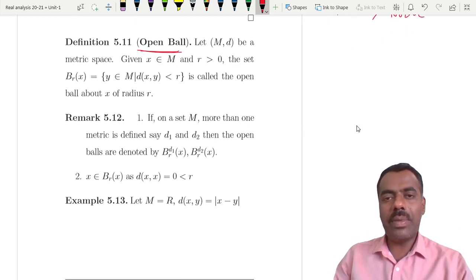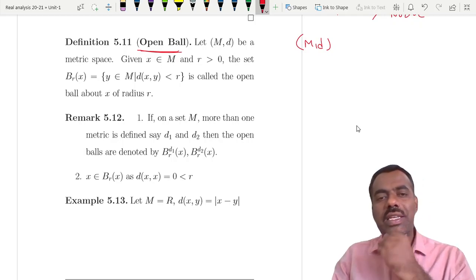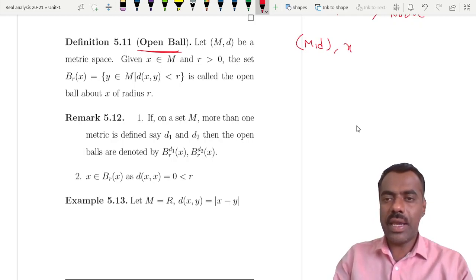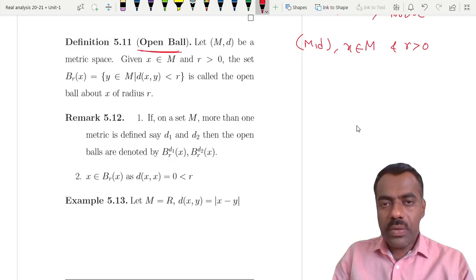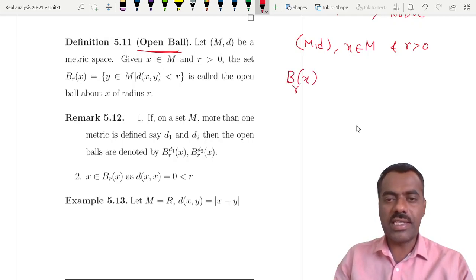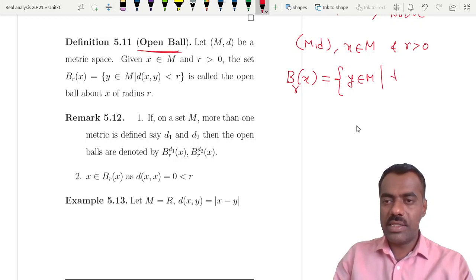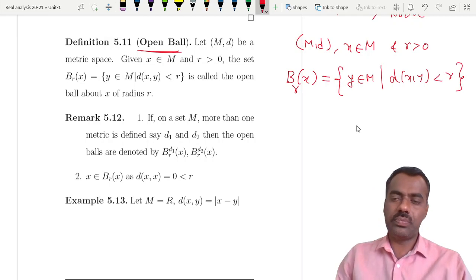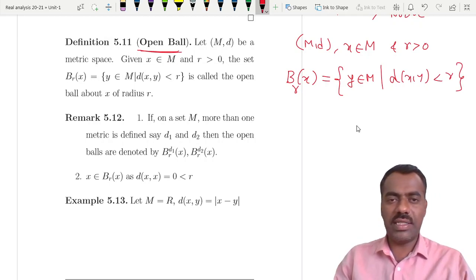So take M comma d, which is a metric space. Then take any element x in it, and suppose r is any positive real number. Now what is meant by an open ball around x of radius r is nothing but all elements y from M such that the distance between x comma y is strictly less than r. This we call an open ball.